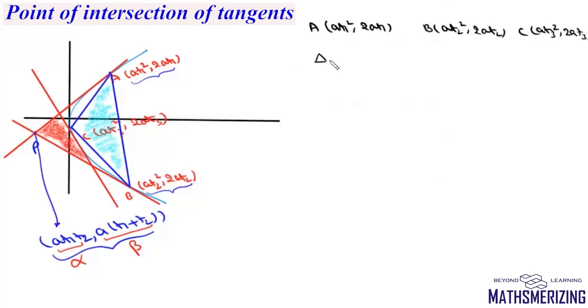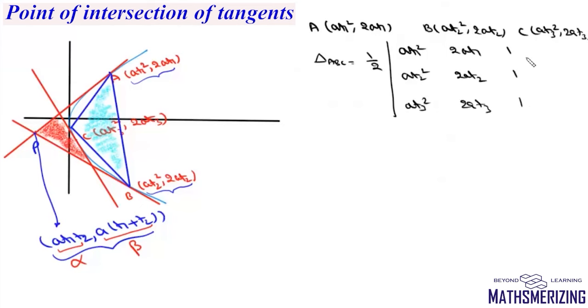So area of this triangle ABC is 1 by 2 times the determinant with rows: a t1 square, twice a t1, 1; a t2 square, twice a t2, 1; a t3 square, twice a t3, 1.